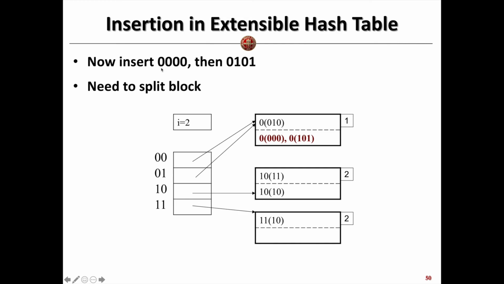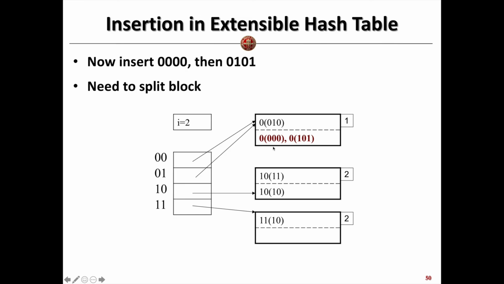According to the hash function, we know we have to project this key to the first bucket, because this 00 will be projected to the first bucket. And we can put this 0000 inside this bucket. It's very safe right now, because this one still has 1 empty space. We can put this 0000 here.